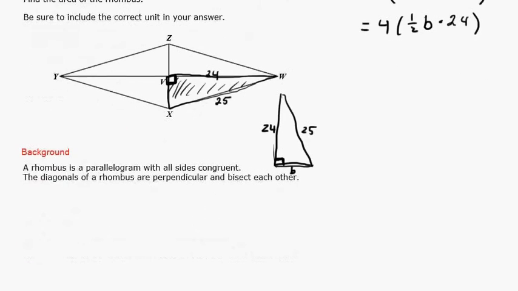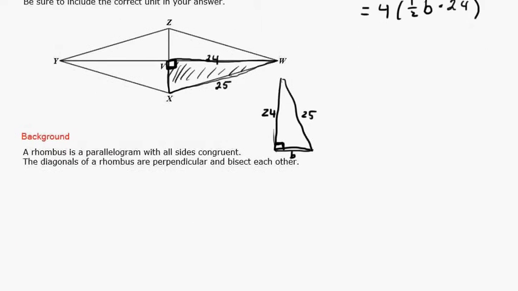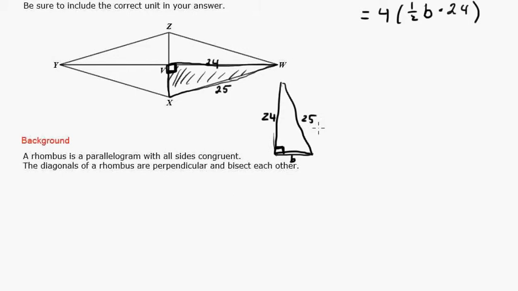So that's where the Pythagorean theorem comes in. The Pythagorean theorem says that if this is B and this is A, then A squared plus B squared equals C squared. So A is 24, 24 squared plus B squared equals 25 squared.